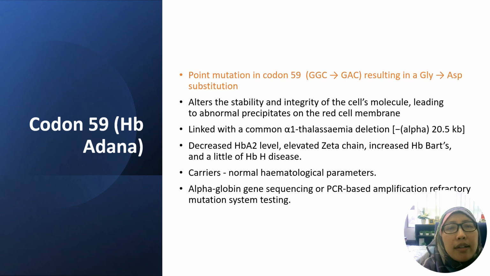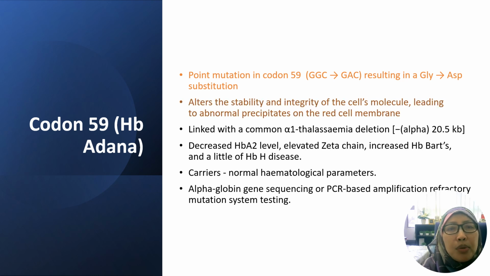Hemoglobin Adana is a form of non-deletional alpha thalassemia mutation located at codon 59 of the HBA2, HBA1 or HBA2 globin gene, leading to glycine to aspartate replacement.